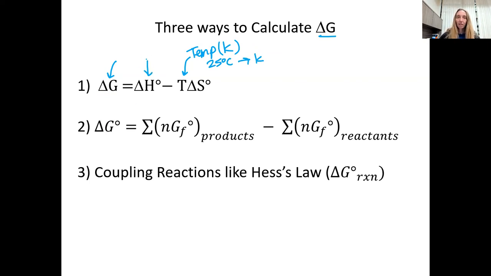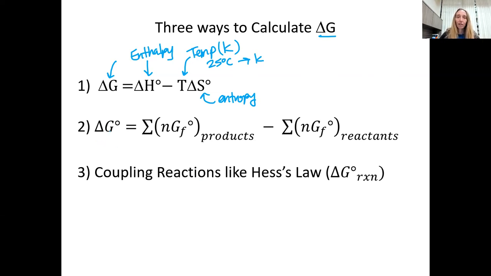Remember, delta H is enthalpy, and delta S is entropy or disorder. So delta G, Gibbs free energy, takes into account all of the heat, the entropy or disorder, and the temperature, and it tells us whether reactions are going to be spontaneous or not.